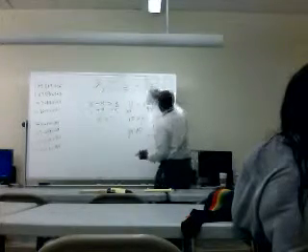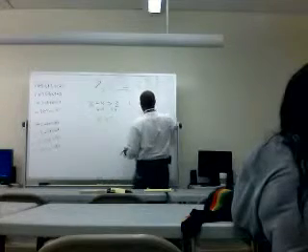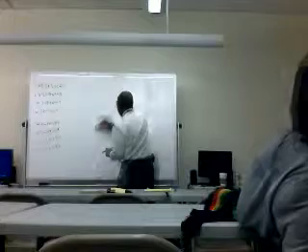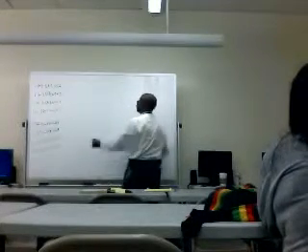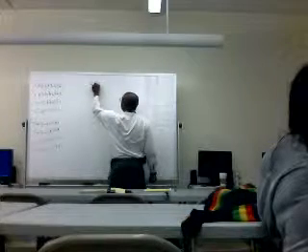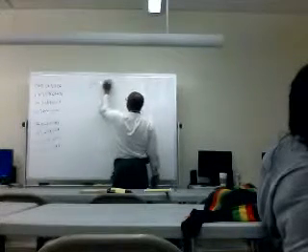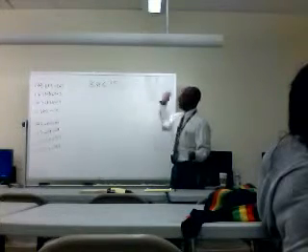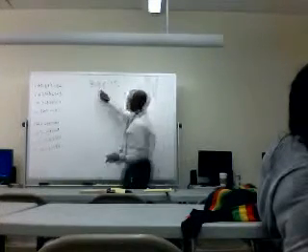All right, so let us look at the other case. Let's say I have 3z is less than 15. Again, I do it the exact same way. I need to get the z by itself. It's connected by multiplication.